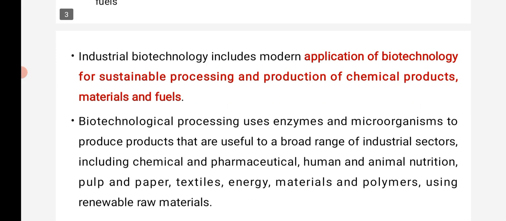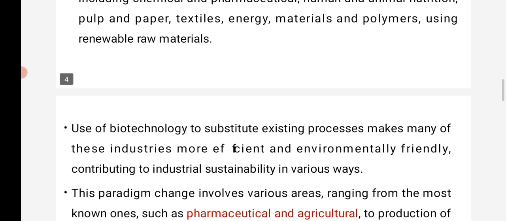So finally, what is the conclusion? Industrial biotechnology is the production of products with the help of microorganisms and enzymes, to produce a product that is useful to a broad range of industrial sectors like chemical, pharmaceutical, human and animal nutrition, pulp and paper, and textile industries, and also energy storage materials and polymers using renewable raw materials.